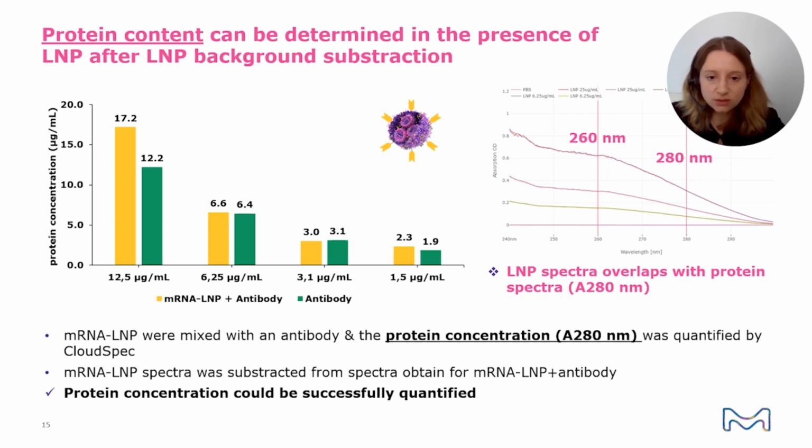And this was really nice data we obtained, as we really could show that we can quantify the protein in the presence of the LNP. Of course, we do that subtraction, but we could reliably quantify the protein in the presence of the LNP. And this method could really be used for characterizing those complex formulations containing antibodies.